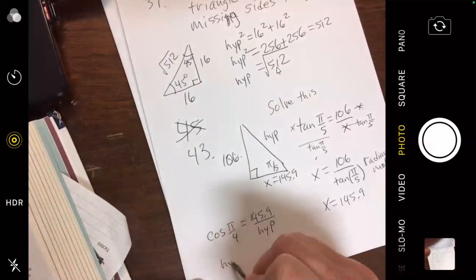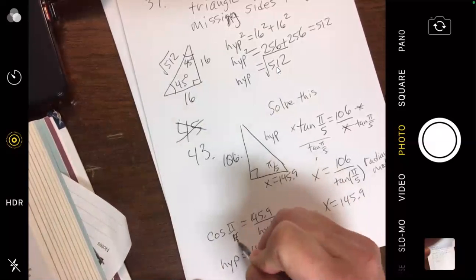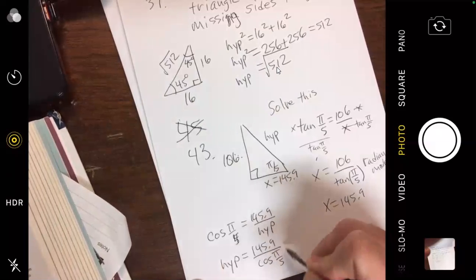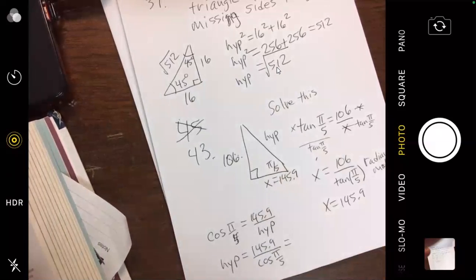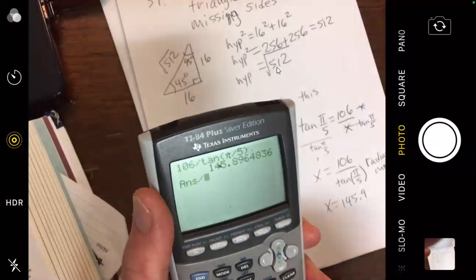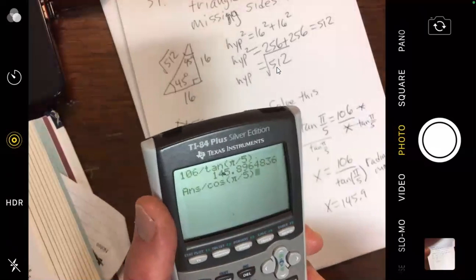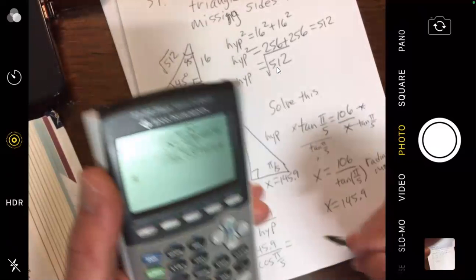So your hypotenuse is going to be 145.9 divided by cosine of pi over 5.